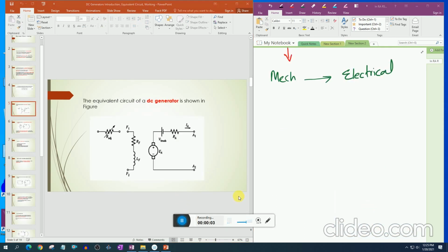The equivalent circuit of a DC generator is shown in the figure. I'm going to draw it here. This is the field circuit, which is present on the stator, represented by its resistance and its inductance, and this is the armature circuit, which is present on the rotor.